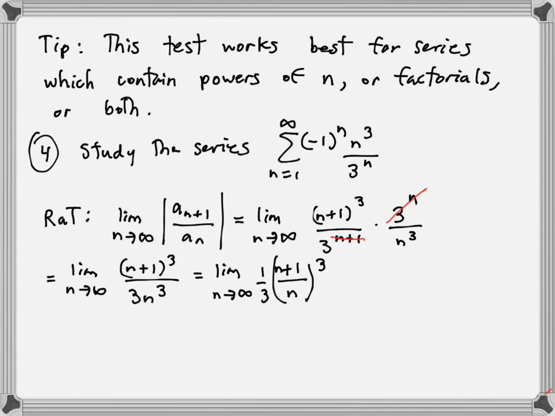So to do a limit like this, you can just divide both sides, top and bottom, by n cubed, which means inside you're dividing by n. So this is equal to the limit as n goes to infinity of 1/3 times (1 plus 1 over n) over 1, all cubed.